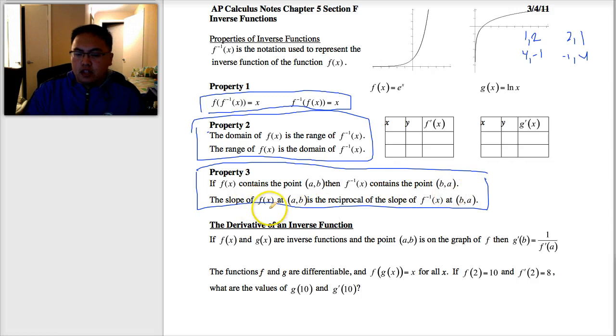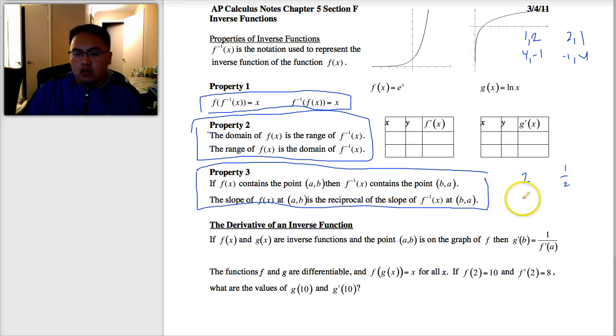How are the slopes related? The slopes of inverse functions are reciprocals of each other. For example, if the slope of a function is 2, the inverse would have a slope of 1/2, the reciprocal.